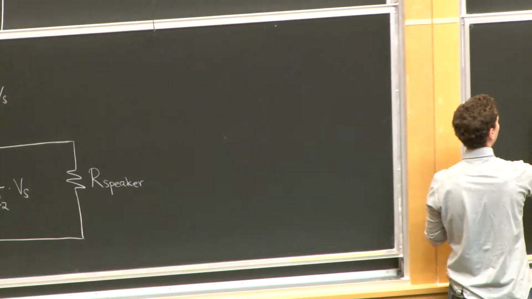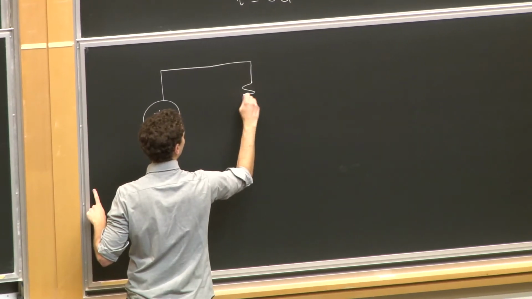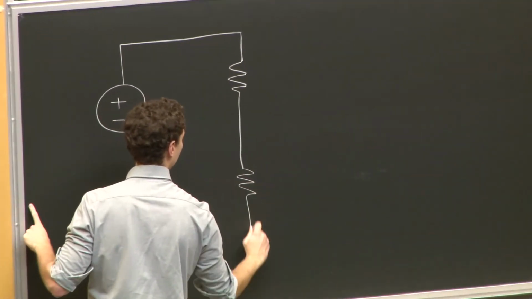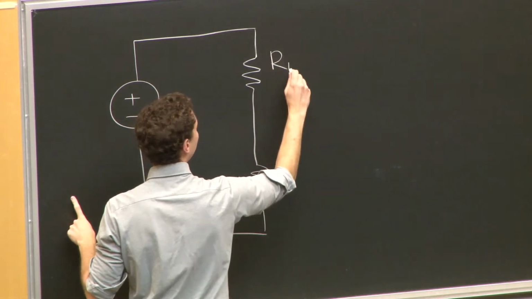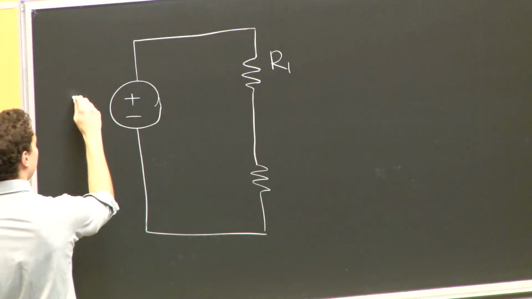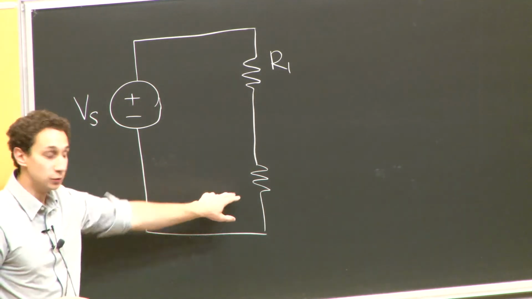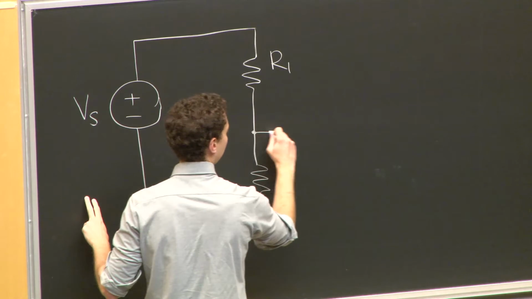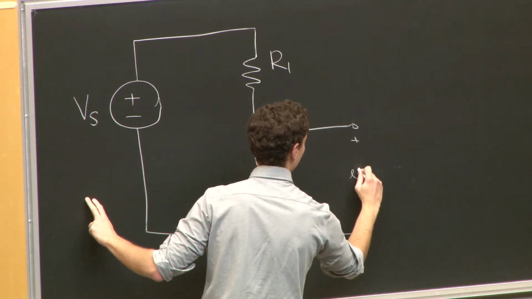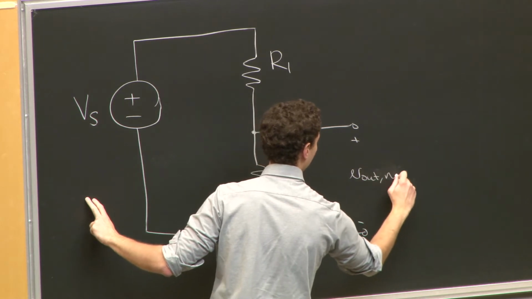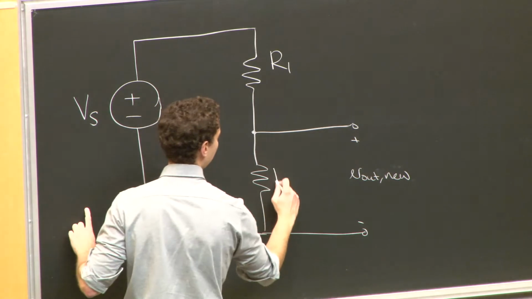So I'm going to draw an equivalent circuit here, where this is still R1, just like it was before. This voltage is still Vs, just like it was before. But this new resistor, here's my voltage, V out new, and I've got some R new.